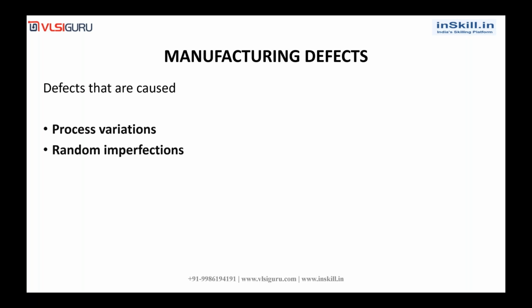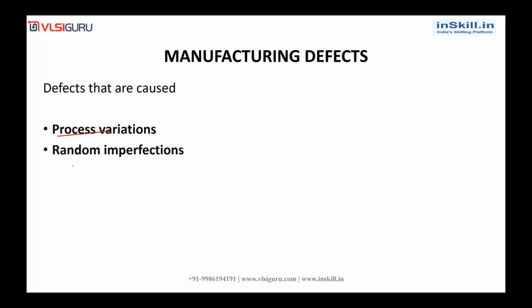Process variations means slight variation in the transistor channel length, and in the metal interconnect width and thickness. All those things can impact the logical and timing performance. So that is what is process variation.